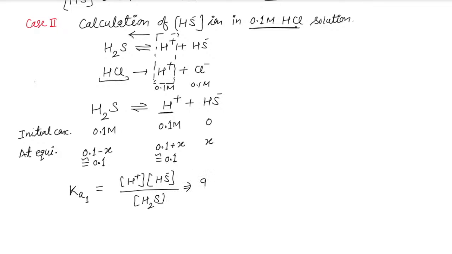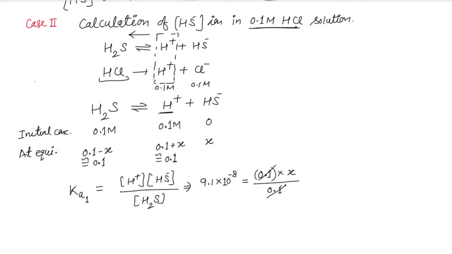So Ka1 is 9.1 into 10 raised to power minus 8, that is equal to 0.1 into x divided by 0.1.